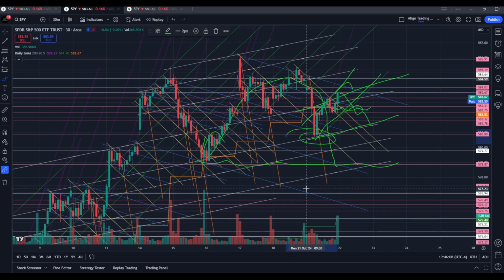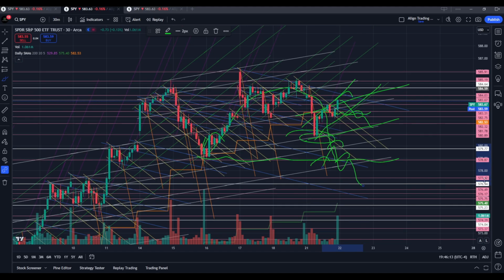And then if we wanted to head down even more, watch for that handle as we do have this liquidity right here that we still have not visited, and a larger inverse cup to this 20-day moving average right here.